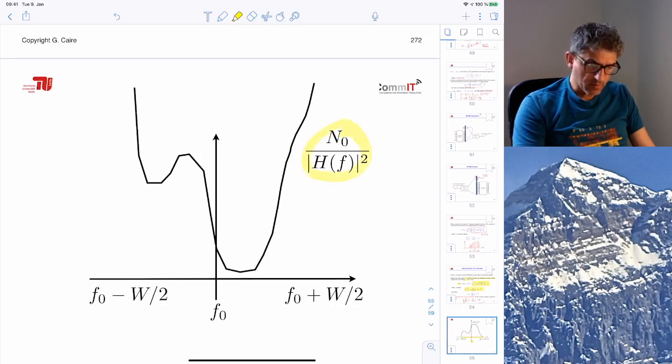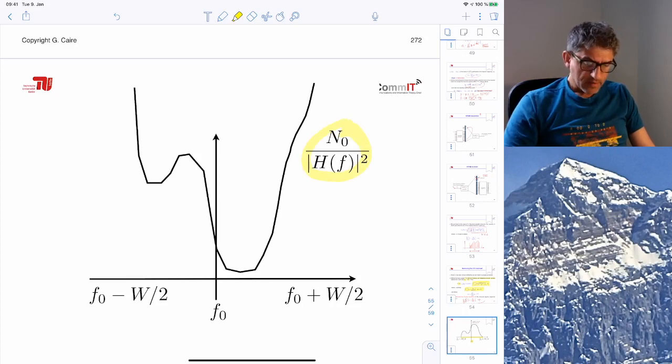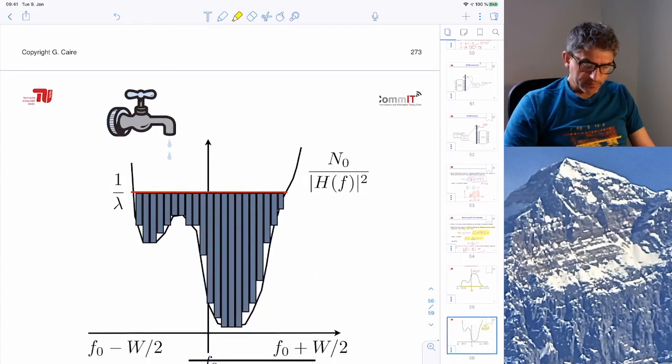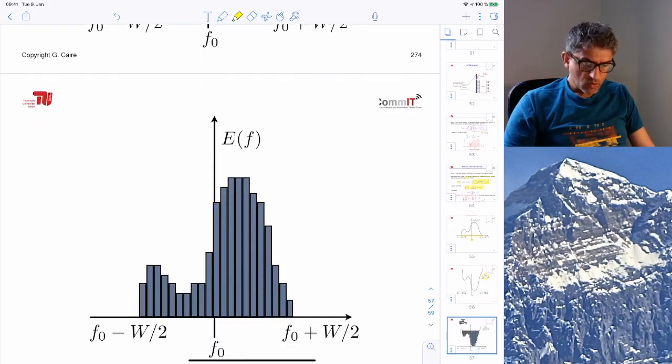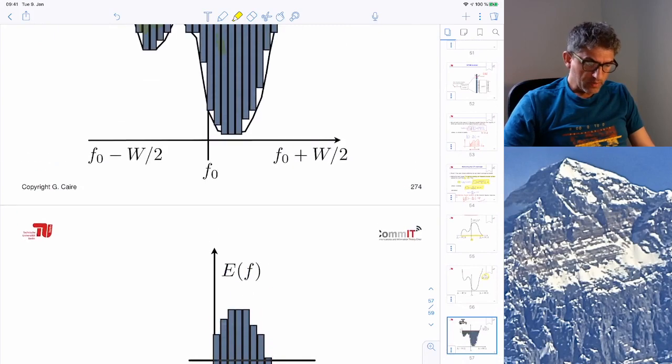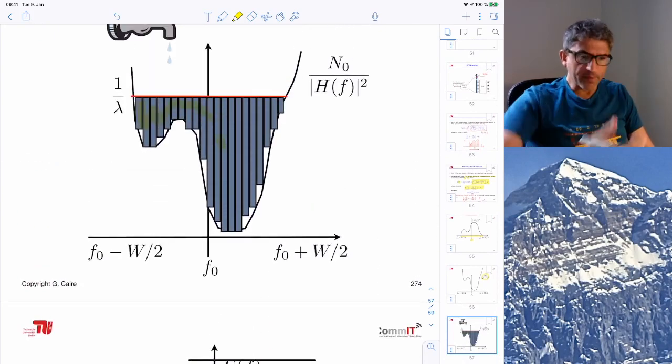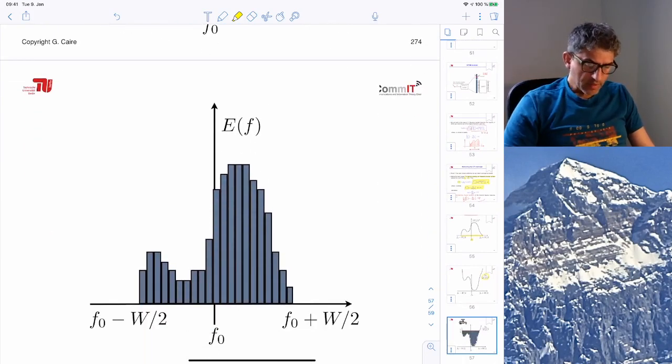This gives us this profile. And then we pour water such that the integral of this area is equal to the total power we have. And then we take this picture, we flip it. This will be the power spectral density of the optimal transmit signal.